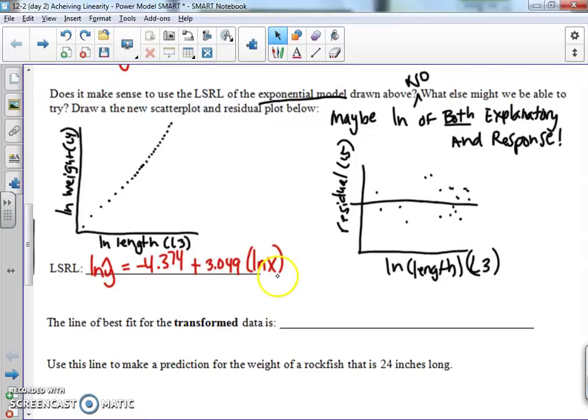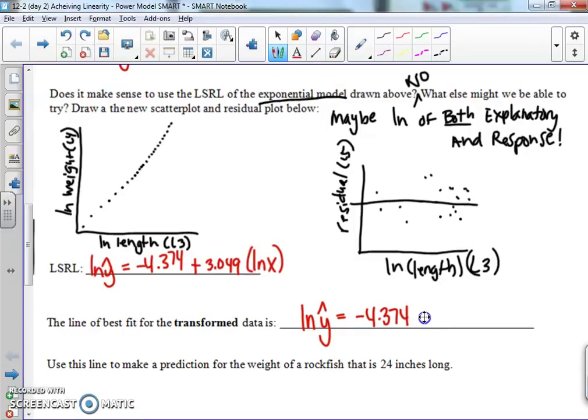So flipping over to the other side, it says the line of best fit for the transformed data, because what we did is we transformed all of the data, we would say is the natural log of y hat is equal to negative 4.374 plus the slope of 3.049 times the natural log of x.